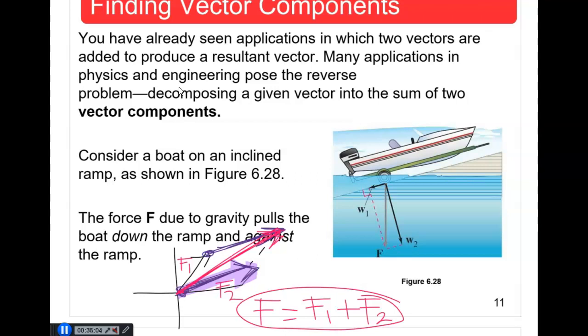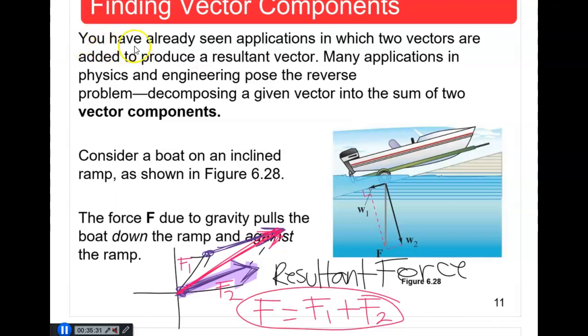But now we're going to do another type of application, I just wanted to point that out. I'm going to leave this here, it could be something useful for your notes. That will be the resultant force.